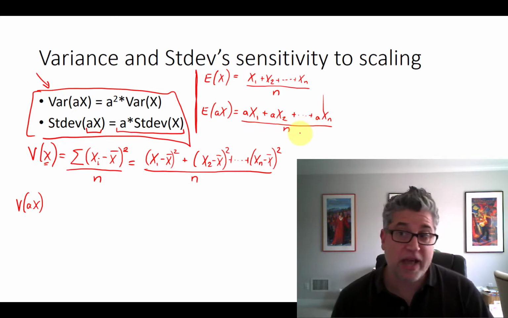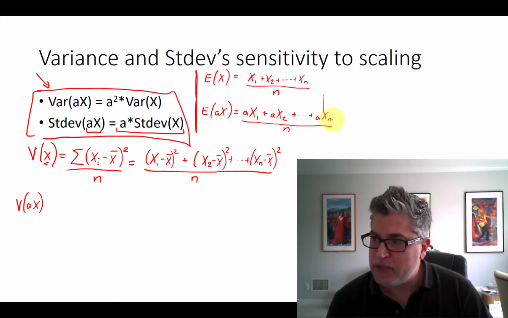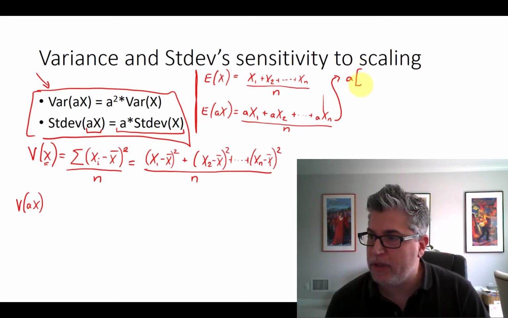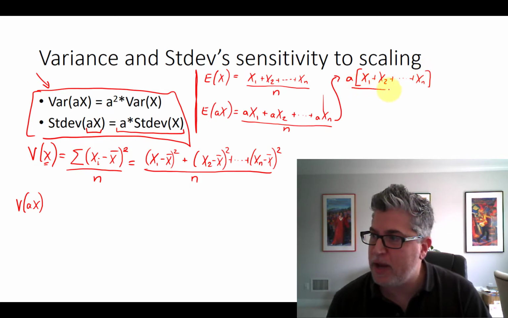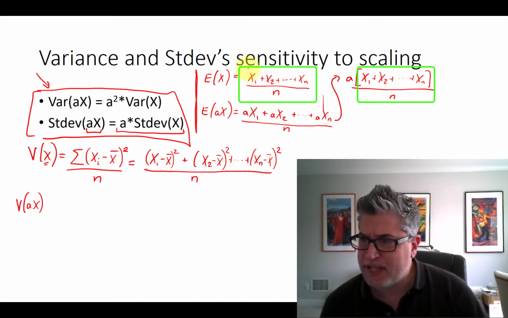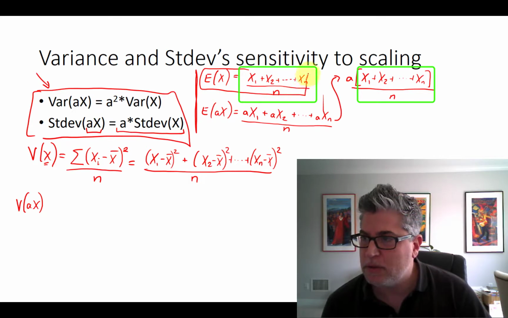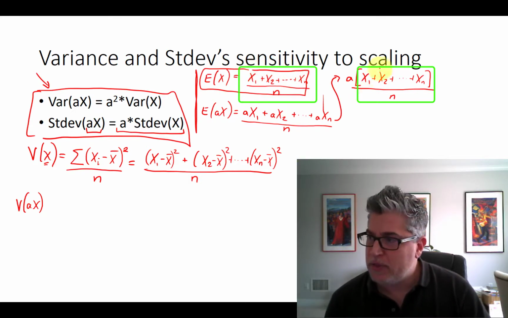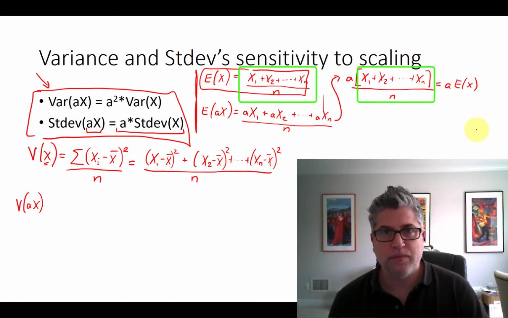And then we divide by our n terms. If we do that, we can pull out an a from all of these terms in the numerator, leaving us with x1 plus x2 plus through xn, all divided by n. But just a moment, that's what this is. And so this formula is just a times the expected value of x.